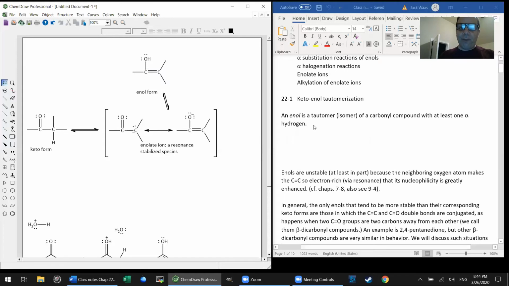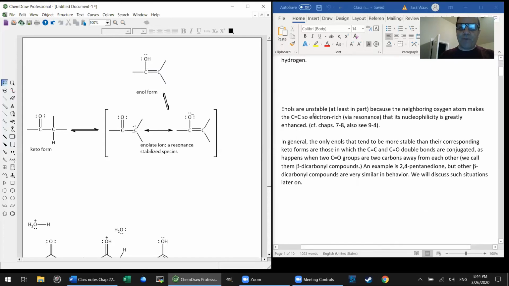And we'll talk about the reactivity, or if you will, the instability of enols later in the next section. But there's a good reason why enols are so much less stable than keto forms ordinarily, other things being equal.